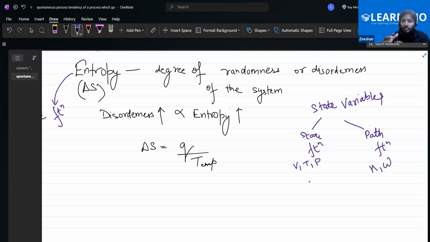So there is some time in it. You cannot give it instantly, like I have given you 10 kilojoule. That is not possible. So this is a path function: it takes some path, some process.